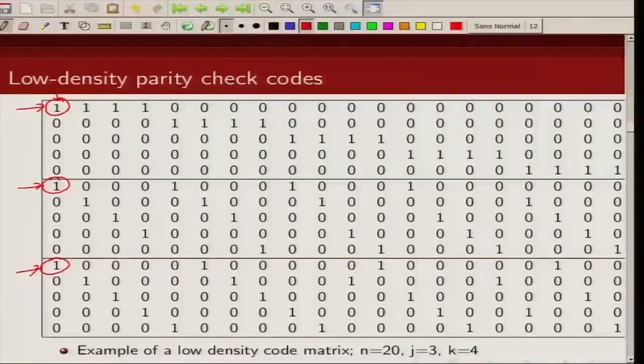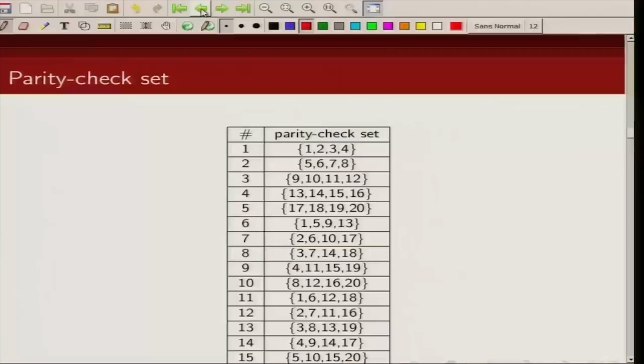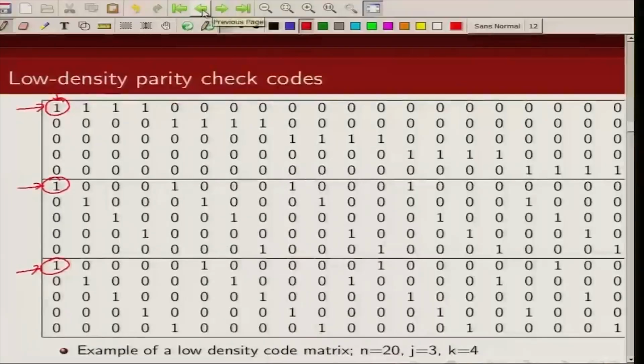So, there is one line corresponding to each of these parity check equations. In this parity check equation you can see which are the other bits participating: bit number 2, bit number 3, bit number 4. How did we write that?